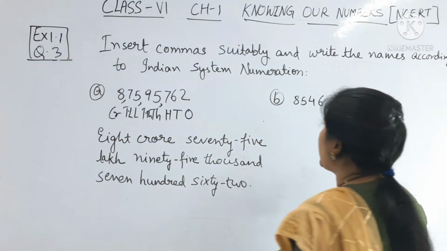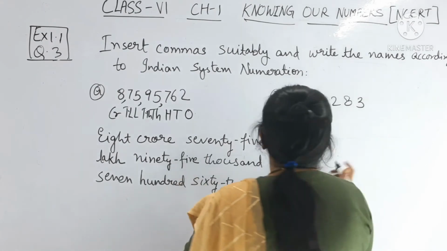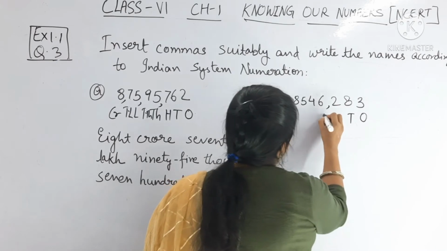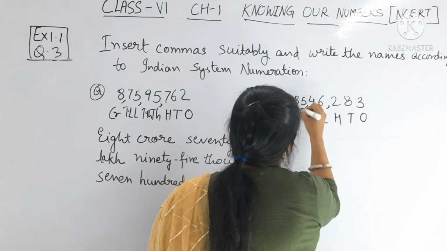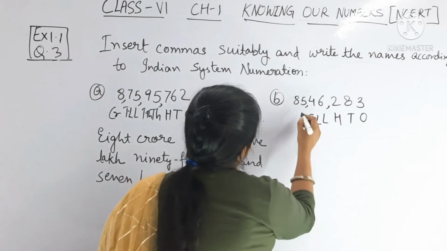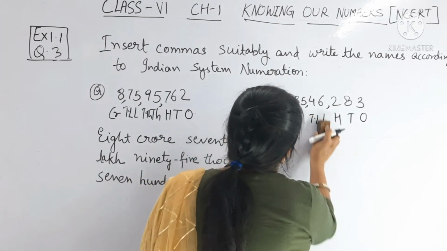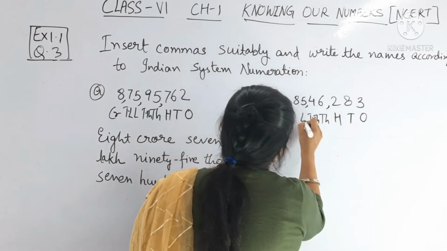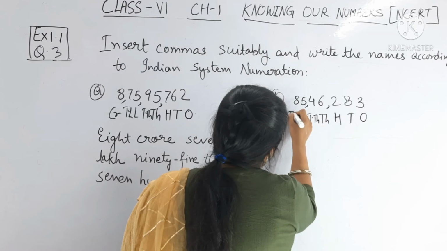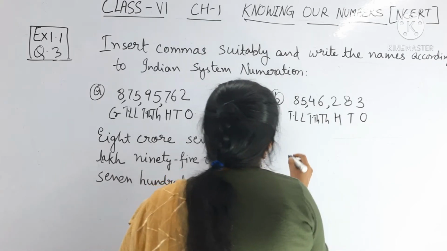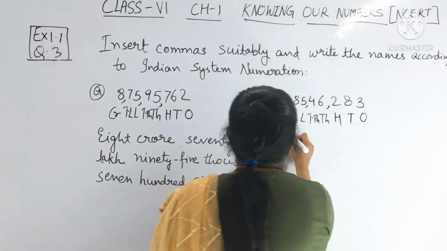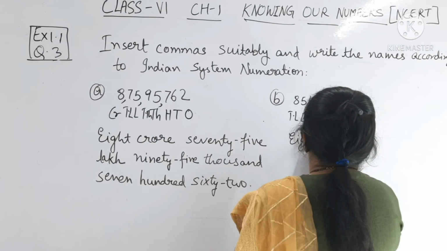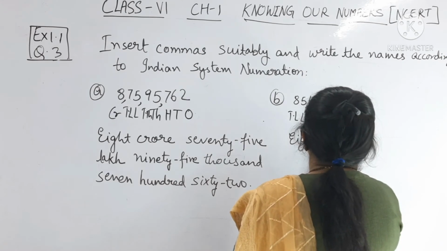Now come to the B part. Here also the same, ones, tens, hundreds, put comma here. Then lakh, 10 lakh, put comma here. Here is 1,000, 10,000. Then lakh and 10 lakh after the comma. Okay, so up to 10 lakh here. So what will be our number name? 85.